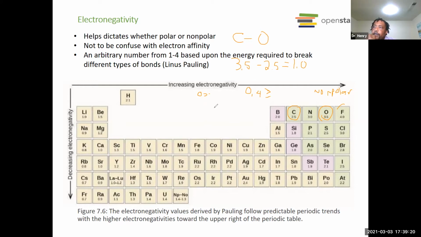If it's greater than 0.4 but less than 1.8, it's considered to be polar. And if it's greater than or equal to 1.8, it's considered to be ionic.